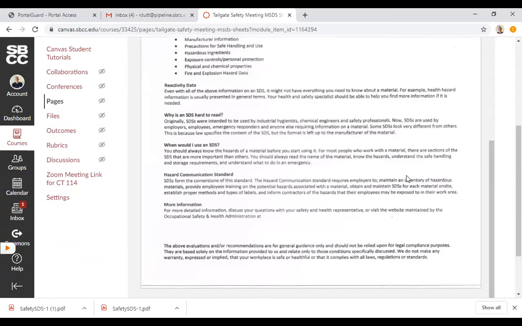SDSs form the cornerstone of this standard. The hazard communication standard requires employers to maintain an inventory of materials, provide employees training on the potential hazards associated with the material, obtain and maintain SDS for each material on site.